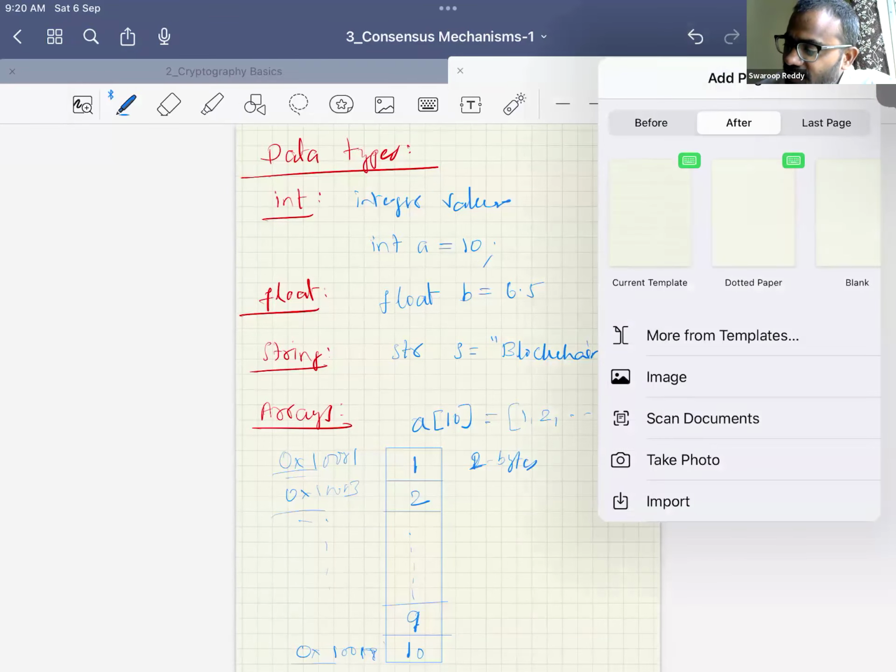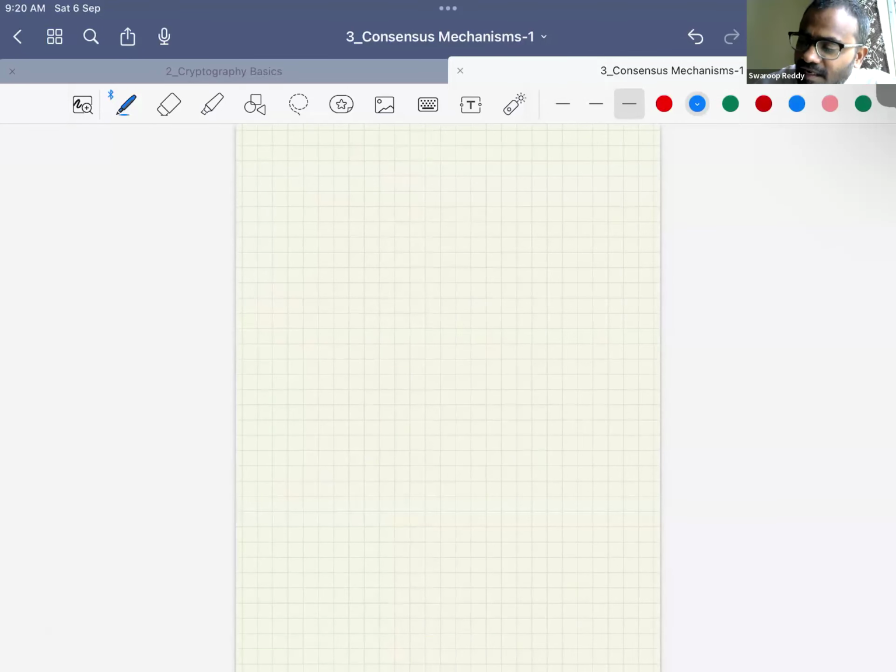And again, if we take a linked list, a linked list is a kind of array. It has two parts: one is the value and another one is the address of the next location.